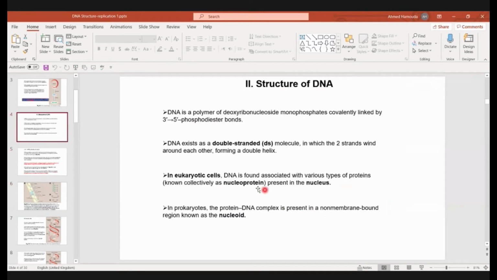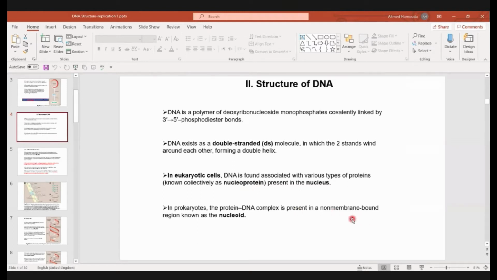In eukaryotic cells, this DNA is associated or bound with different proteins, and that's why we call it nucleoprotein. Nucleo means in the nucleus, the chromosome, and protein. So it's found in the nucleus, of course, and in prokaryotic cells, the DNA is linked to what we call a protein-DNA complex in a non-membrane-bound region.